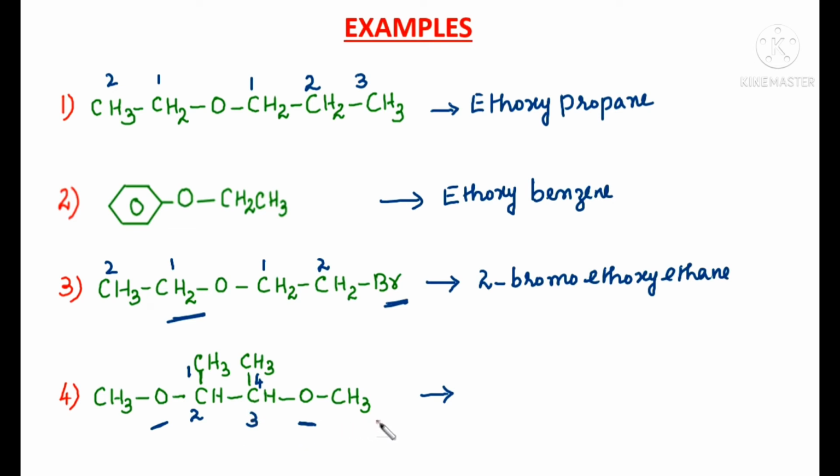So the position should be fixed: 2, 3, same groups, is it not? So 2, 3-dimethoxy, because two methyl groups are here. Methyl, so oxygen. So 2,3-dimethoxy butane.